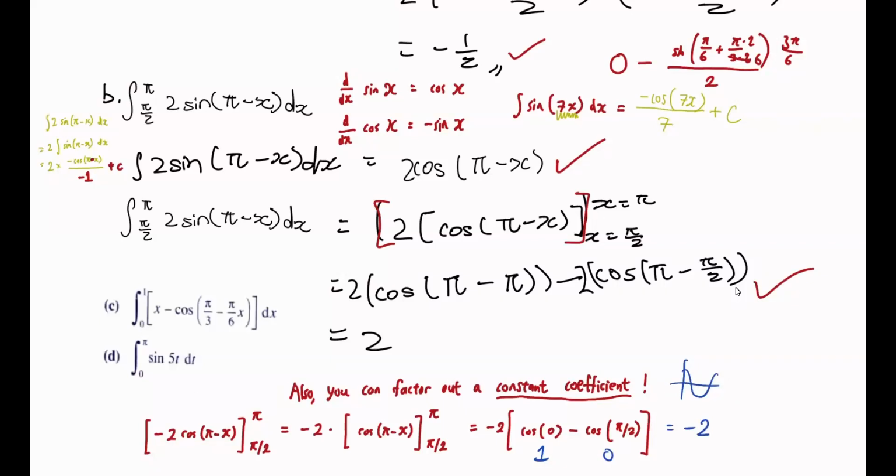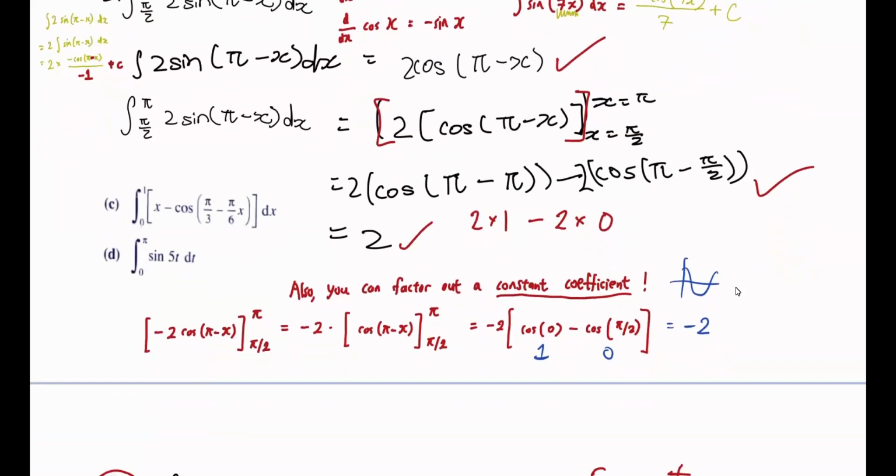Cosine 0 is 1, so 2 times 1, minus away 2 times cosine(pi minus pi over 2), which is cosine pi over 2. Cosine pi over 2 is 0. So it's just 2. Okay, your answer was correct. I was wrong. Sorry. This part cancels off.